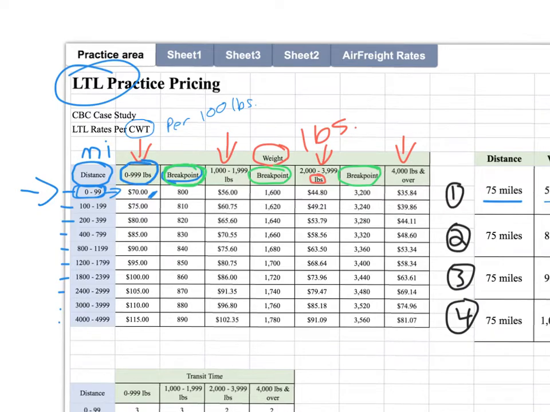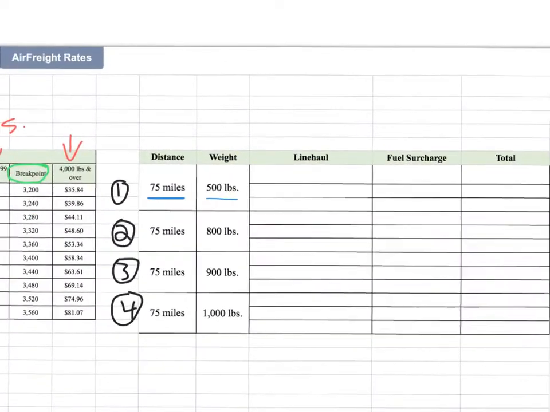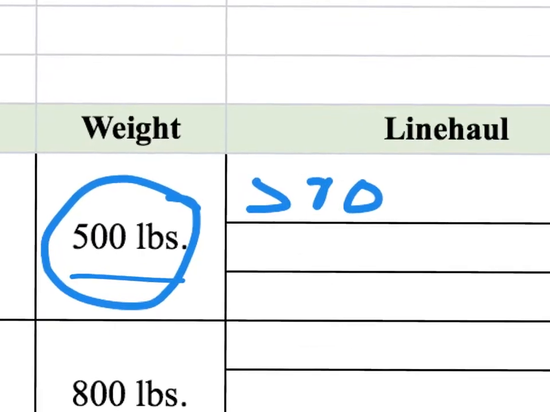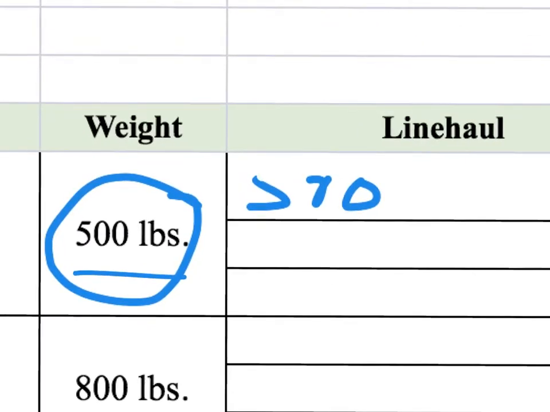So we just have to take that into consideration when we apply our pricing. So it is really simple. 500 pounds, if we convert that to 100 weight, is 5 weight. To convert something to 100 weight, you simply divide it by 100.